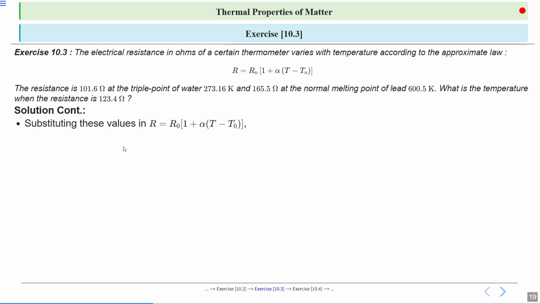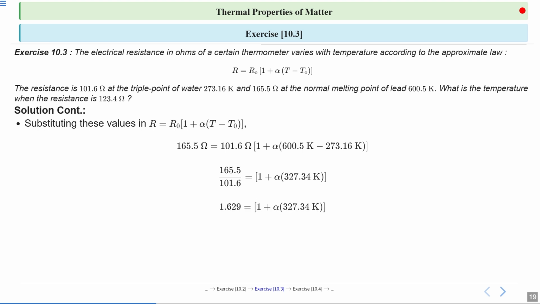Now substituting these values in the relation, you will get 165.5 ohm is equal to 101.6 ohm into 1 plus alpha into 600.5 Kelvin minus 273.16 Kelvin. Solving this, you will get 165.5 divided by 101.6 is equal to 1 plus alpha into 327.34 Kelvin.